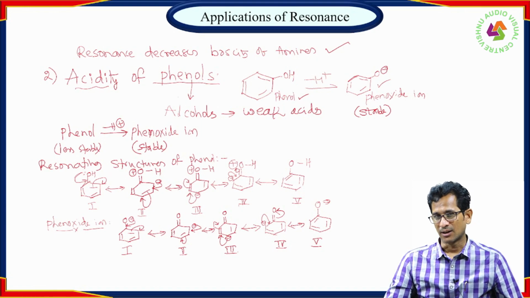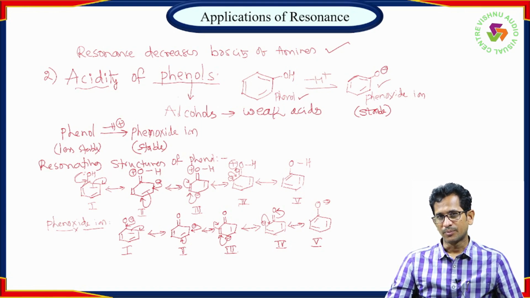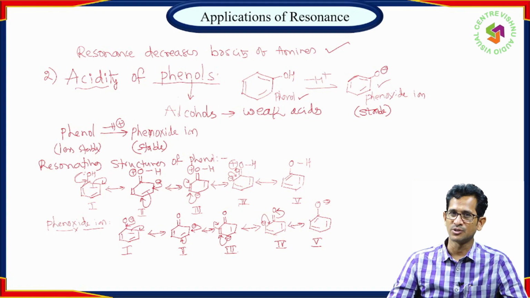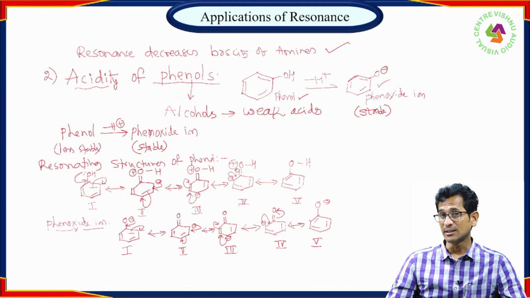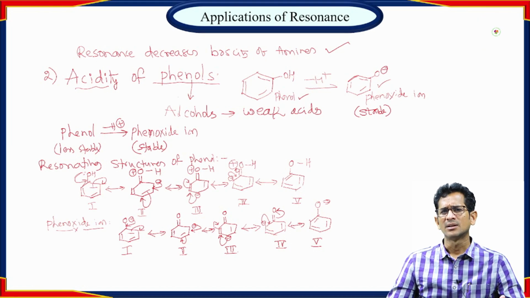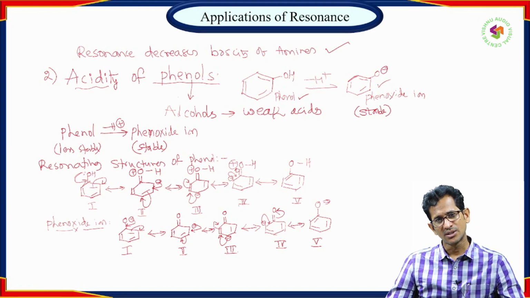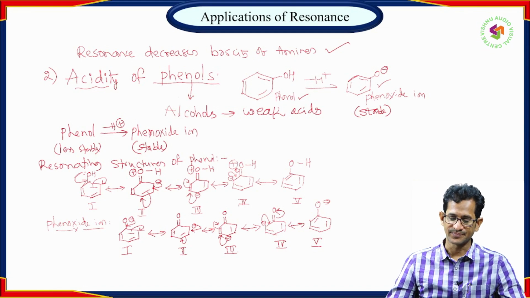Now coming to the second rule, charge separation should not be possible in the resonating structures. What is the meaning of charge separation? It is the existence of the positive charge as well as the negative charge.